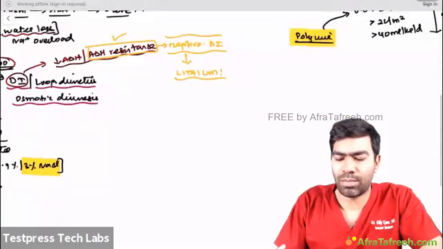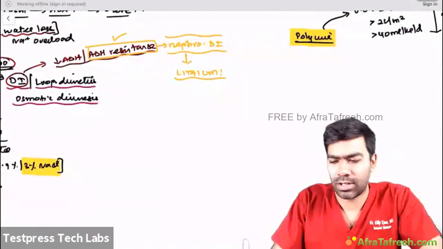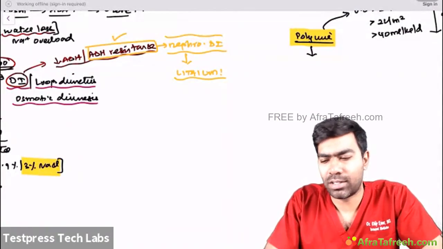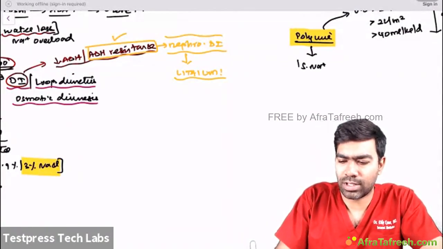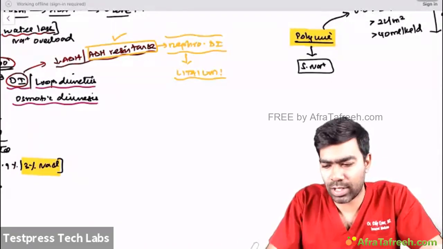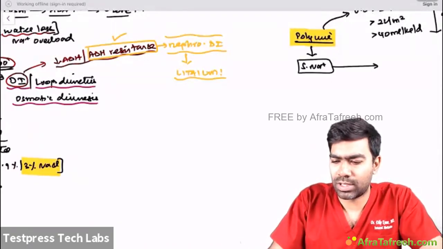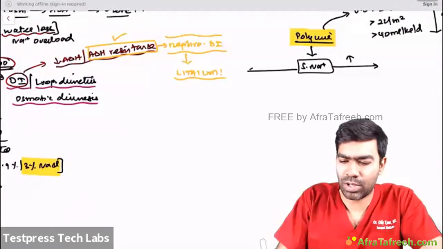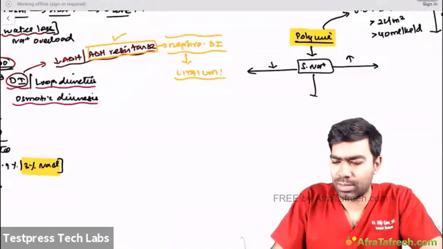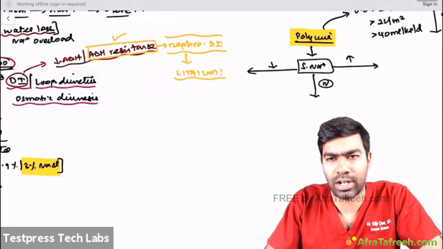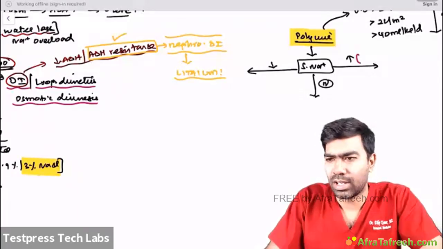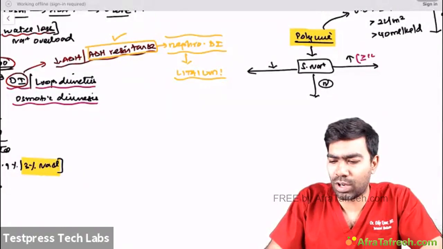So whenever you have polyuria in your clinical practice, the next thing to look at is the serum sodium. That's the most important thing, and it is a question asked multiple times as well. The serum sodium can be increased, decreased, or in the normal range. These are the three situations you're going to encounter. Serum sodium increase means anything more than or equal to 145.